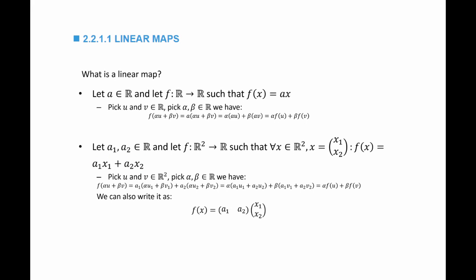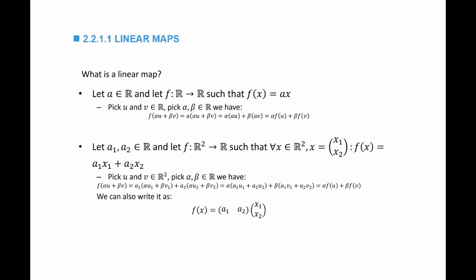Now let's see if it abides by the same property. If I pick two vectors u and v in R2, and if I pick two numbers in R, alpha and beta, I have f of alpha u plus beta v. I'm going to substitute alpha u plus beta v instead of x in the function, and u and v are vectors, so u has components u1 and u2, and v has components v1 and v2.